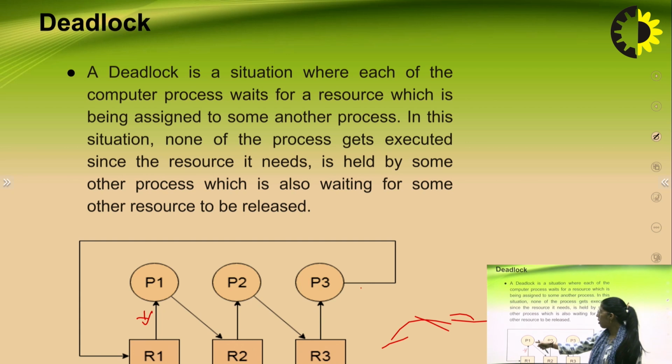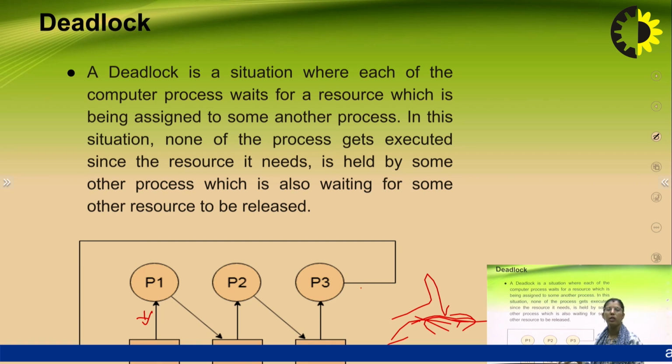So this process will not execute further, hence results in waiting state. Similarly, P2 is acquiring R2, but it is also waiting for R3, and this happens in a circular fashion. So no process is getting executed at this particular time. This results in deadlock.